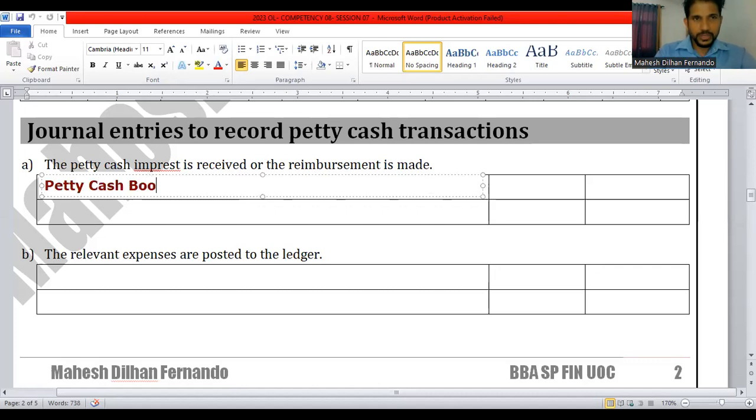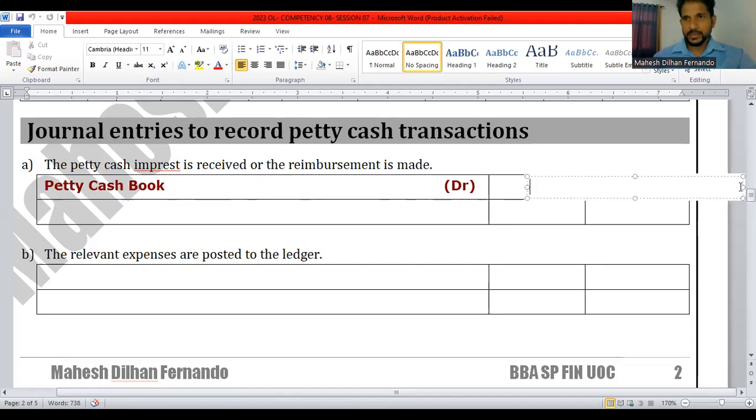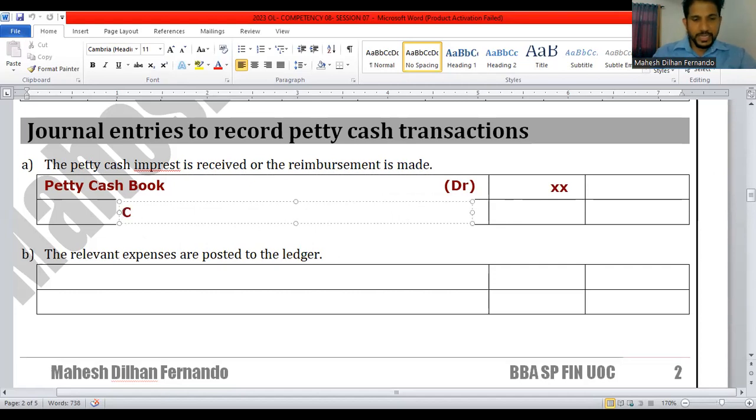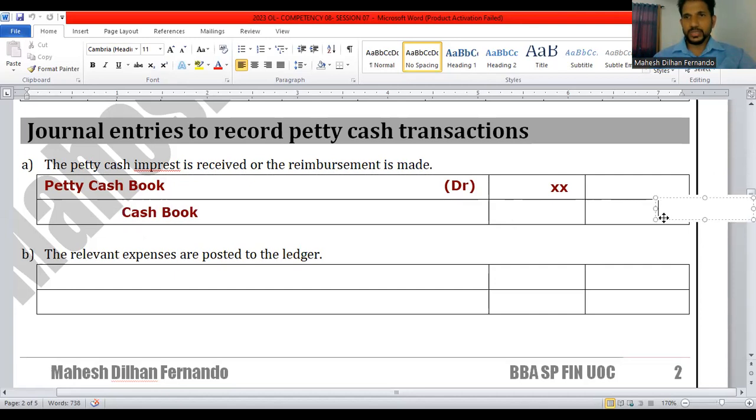Petty cash book debit. We write the amount in here, right? Debit, and then the credit entry is cash book or cash account credit.